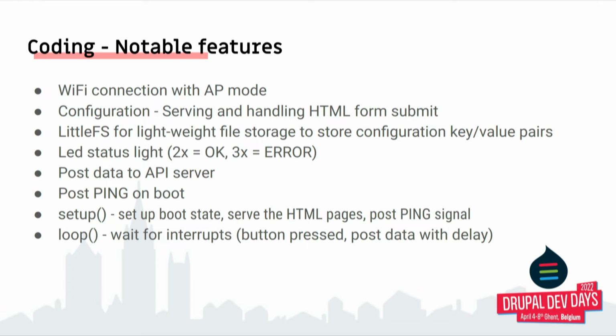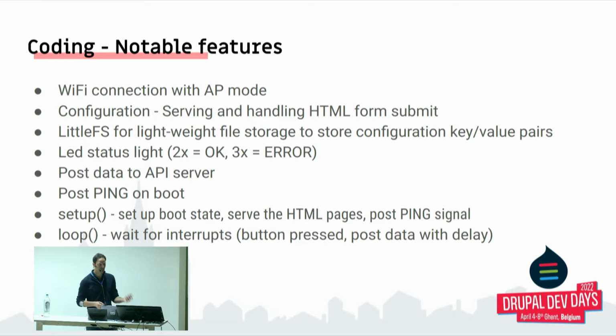So the Wi-Fi connection, of course, without it, you cannot connect your device to the internet. You need some configuration, because we have those devices on multiple machines, and every machine has its own ID. So we need a configuration on each specific module, on each specific IoT device.